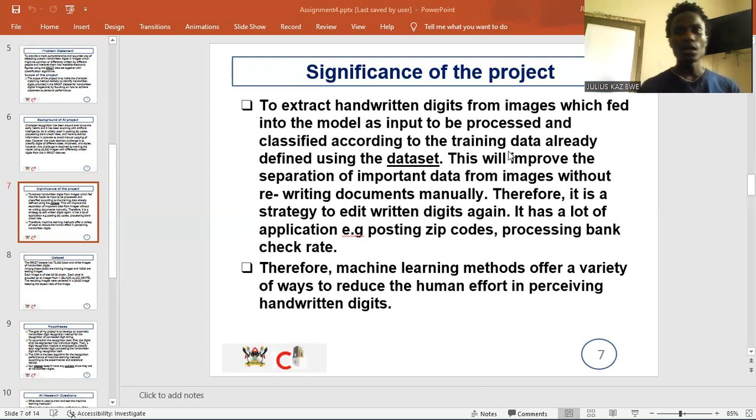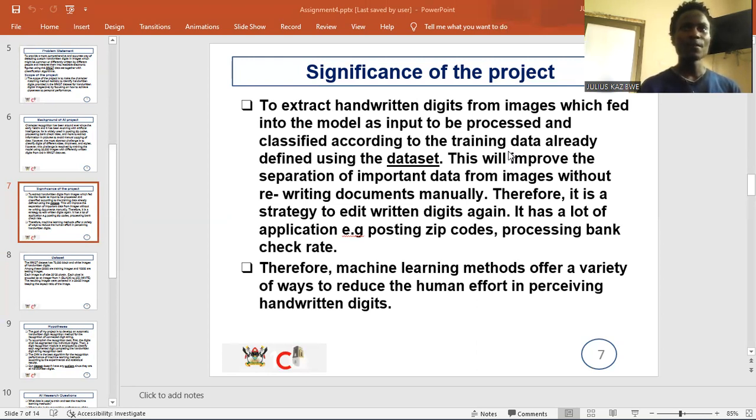We just want to scan and automate this task so that things are ready. We don't have to rewrite manually. You just scan and come up with a proper digital form of our data. This project will help us with that, and it will improve the way humans work and soften people's lives. People find it hard to read other people's handwriting because of poor writing.